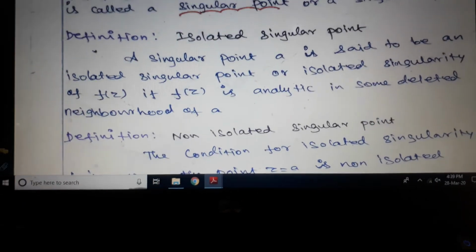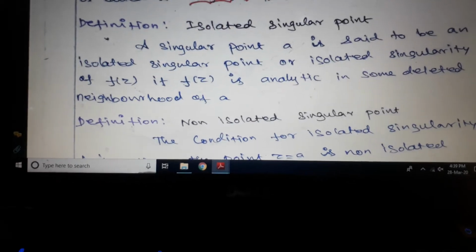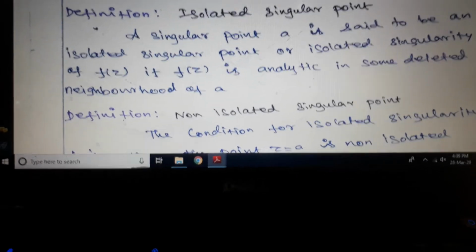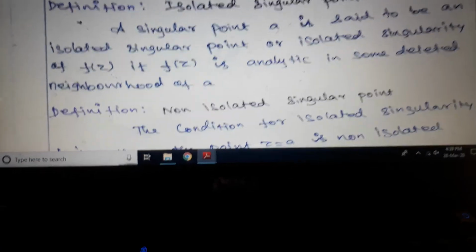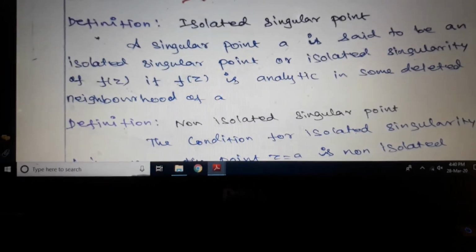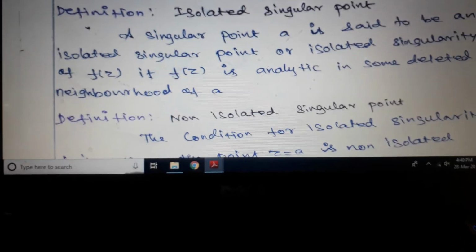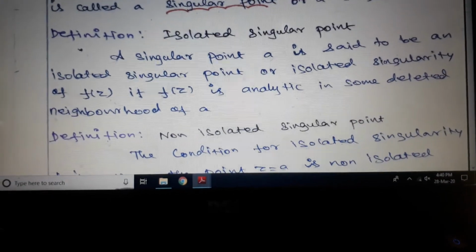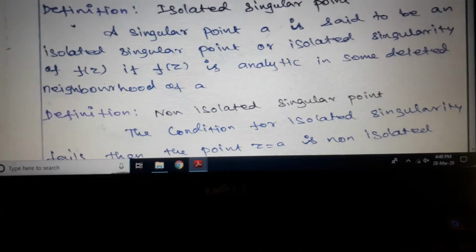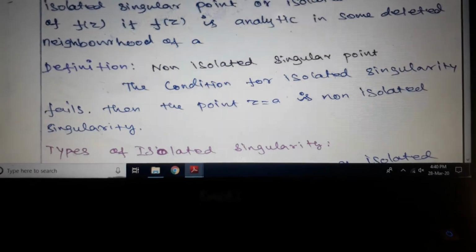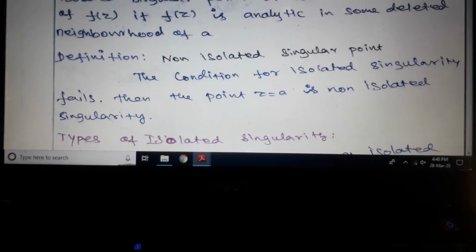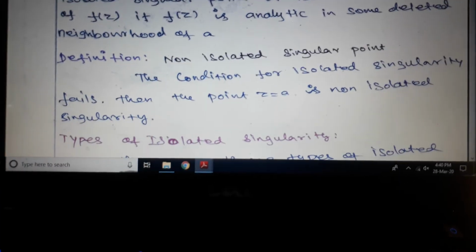Simply, I can say that suppose z equal to a is a singular point, and in the neighborhood of z equal to a there is no other singularity, then that is called an isolated singular point. Clear? What do we mean by a non-isolated singular point? If the condition for isolated singularity fails, then the point z equal to a is called a non-isolated singularity.